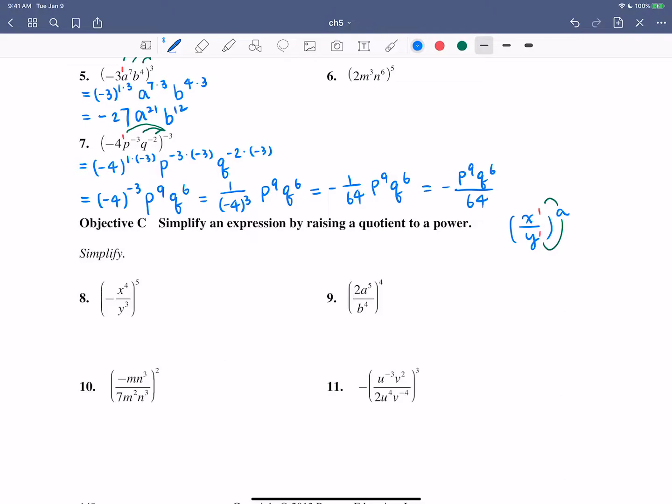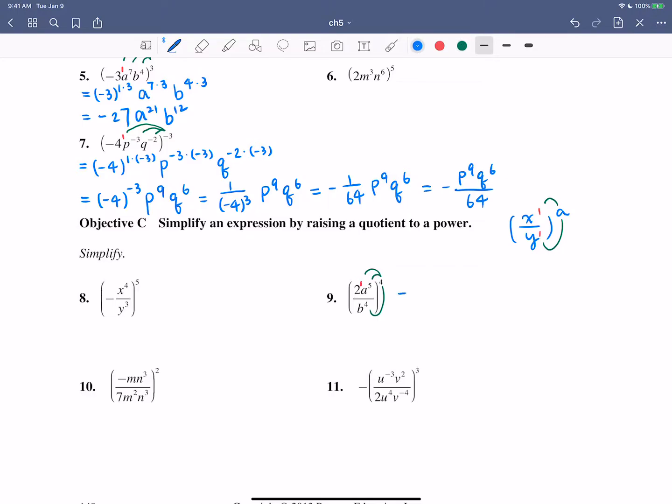If you consider this as a two-story apartment, we have 3 tenants. You have 2, you have a to the 5th, and you have b to the 4th. For the first tenant 2, it has an exponent of 1, and the other 2 tenants' exponents are pretty obvious. The next thing you're going to do is distribute the power outside, which is 4, into every single tenant inside.